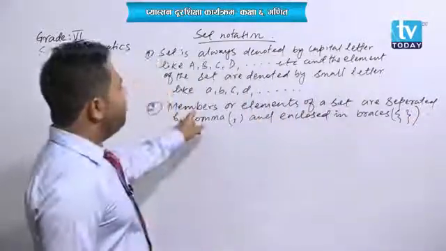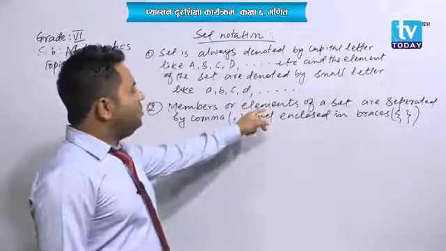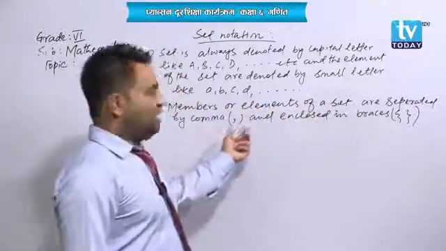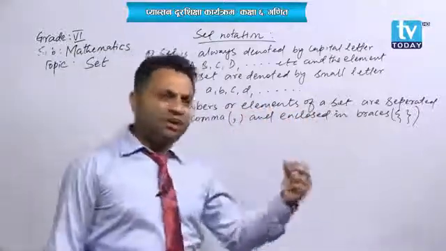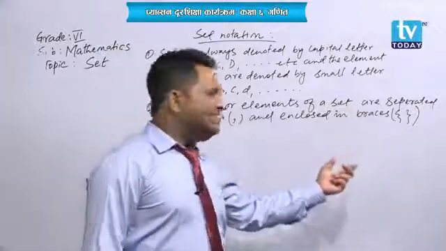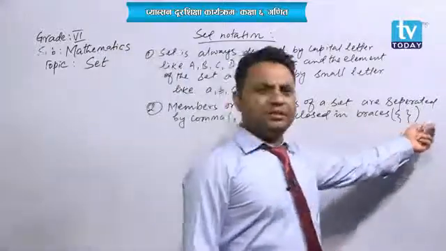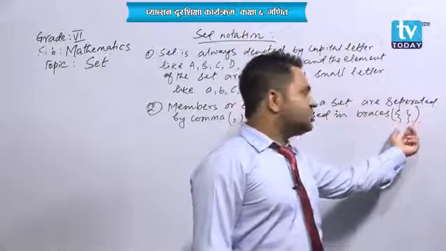All these elements are separated by comma and enclosed in curly brackets. In set notation, this is called braces.